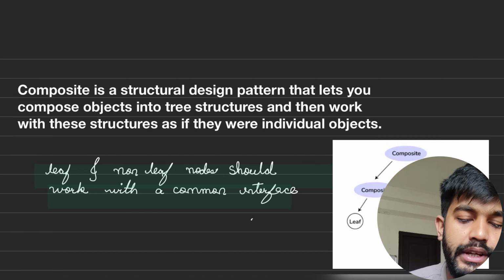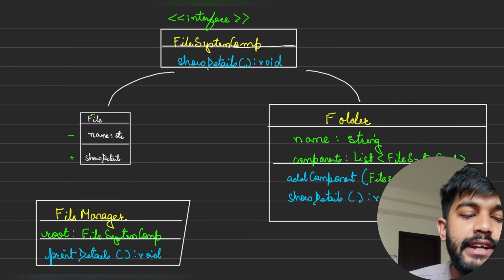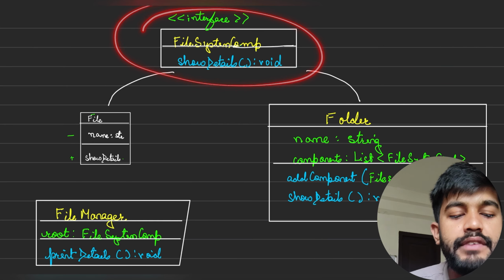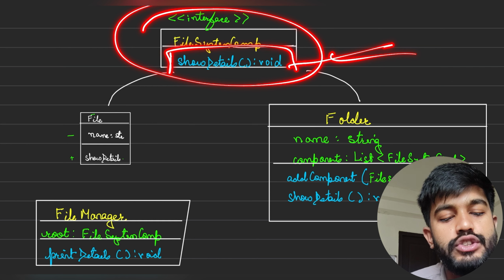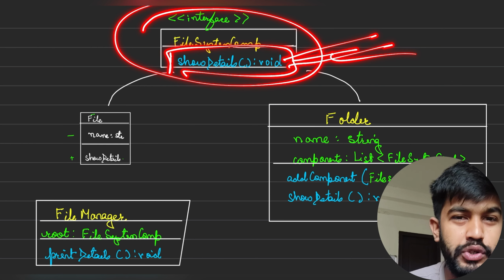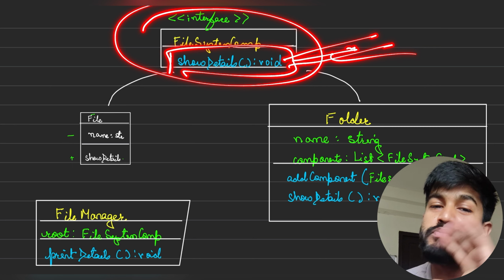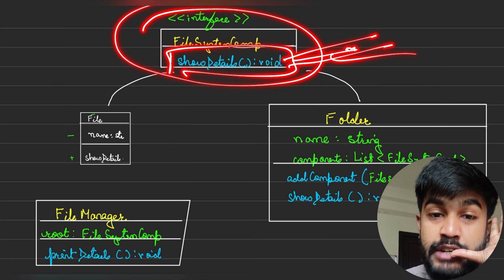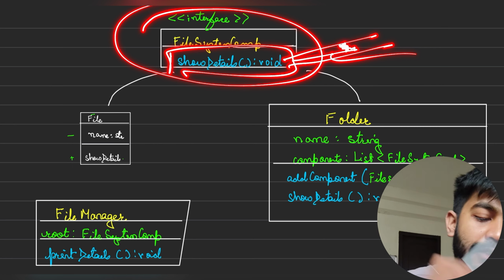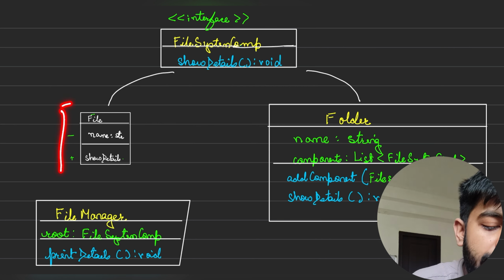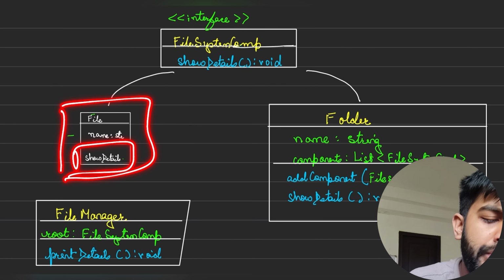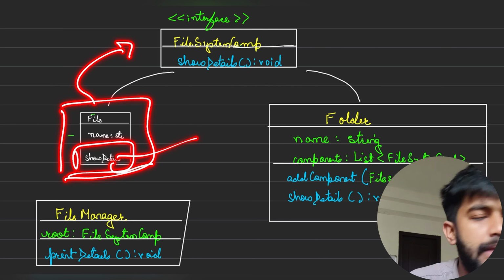So we can have an interface on top and just name it show details. Anyone who implements show details is good enough as a member of my interface. Polymorphism, dependency injection principle, to have those. Now we have a file and it is already doing show details, so it is already implementing this.